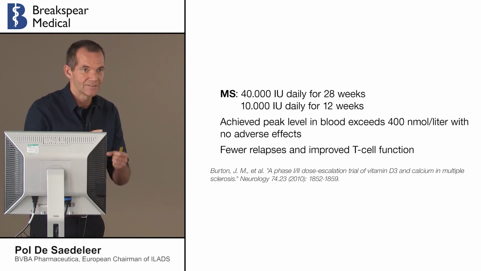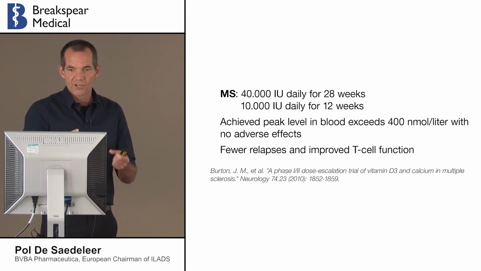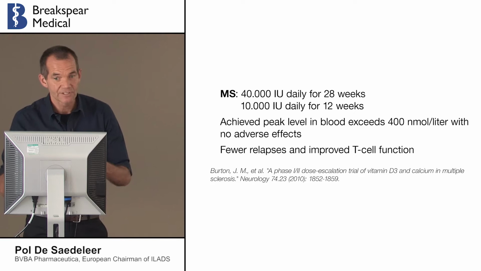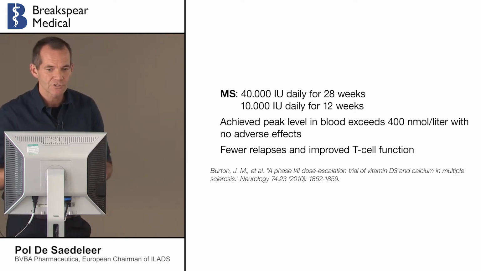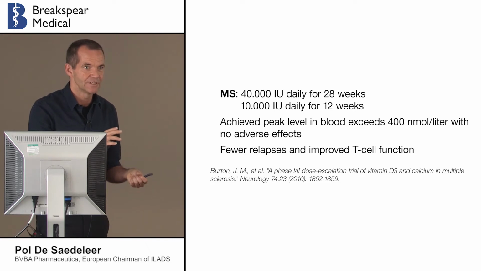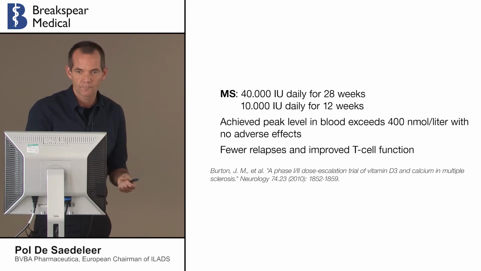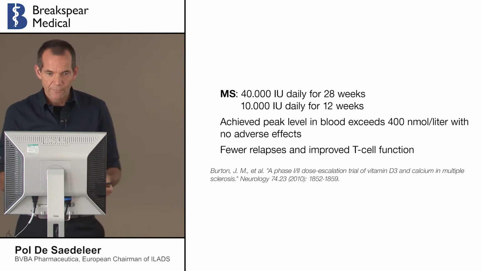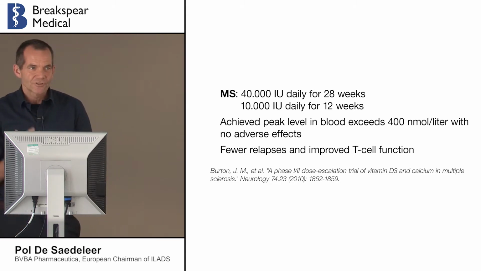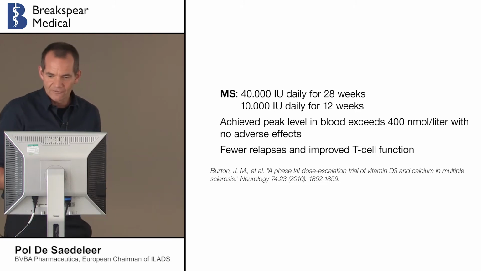Usually, in vitamin D3 therapies, let's say 100 nanomole is more acceptable. But even if we use these high doses, we see no adverse effects in this study. Vitamin D3 is pretty safe. And as a result, we have a general improvement of symptoms and also the improved regulatory T cell function.